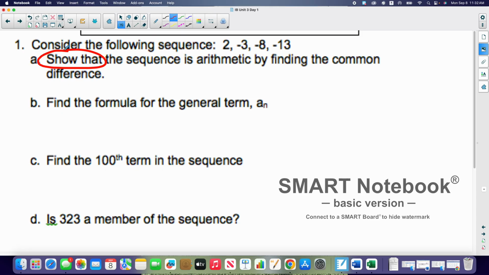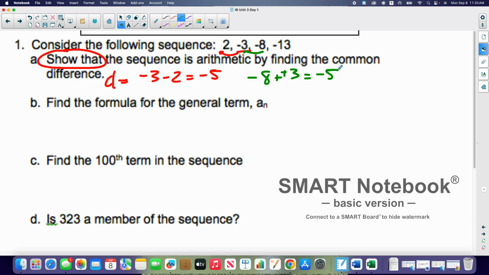So what I'm going to do is I'm going to take -3 and I'm going to subtract the number in front of it. So the D value, the common difference, is going to be -3 minus 2, which gives me -5. If I wanted to prove some more, -8 minus a -3, that's also -5.